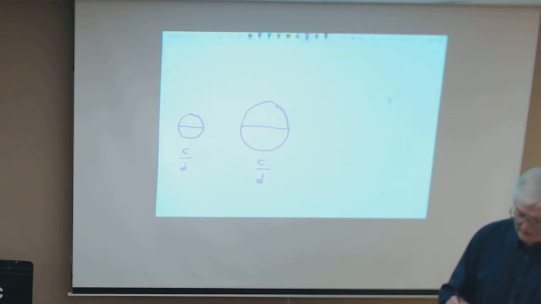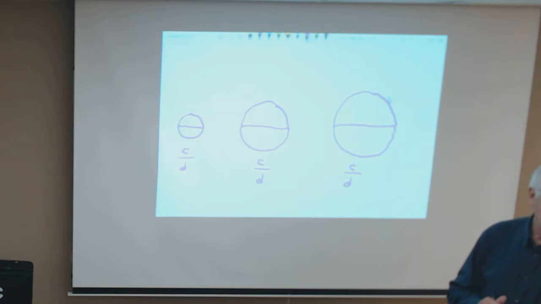Then I take another circle. There's the diameter. I take the circumference. I divide it by the diameter. Does anyone know what I get every time I do that?